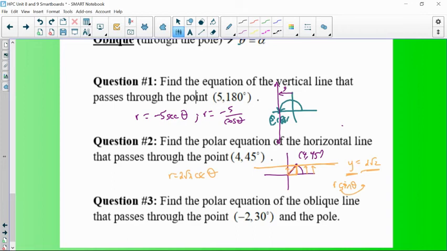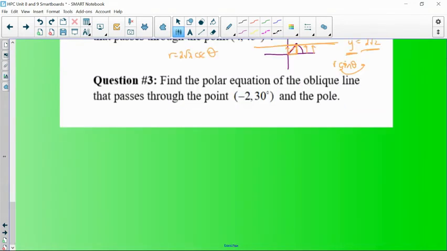Okay. So then it says find the polar equation of the oblique line that passes through the point -2, 30 degrees and the pole. So -2, 30 degrees, so 30 degrees, but -2 is back here. So there's -2, 30 degrees, and it says give me the oblique line.